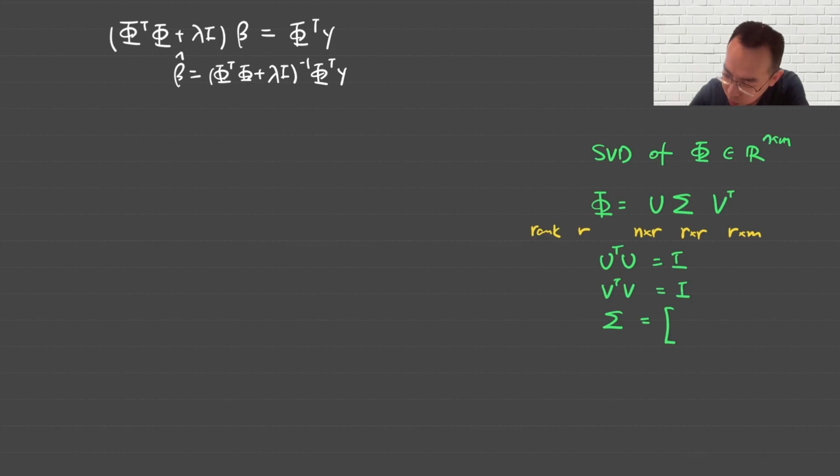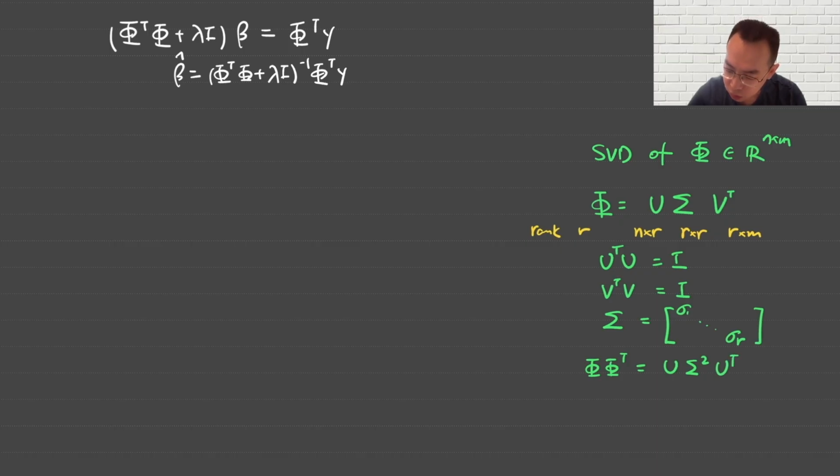So it's a diagonal matrix from sigma 1 to sigma r. And we can also write out the eigendecomposition. So our phi transpose phi will become V sigma square V transpose.